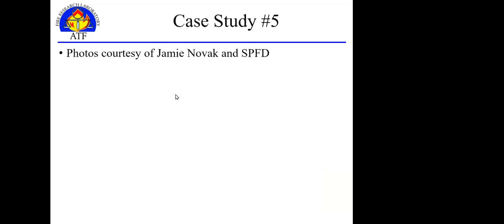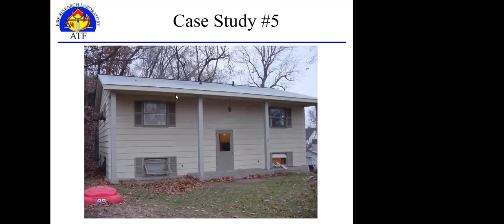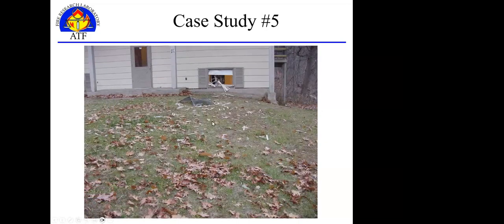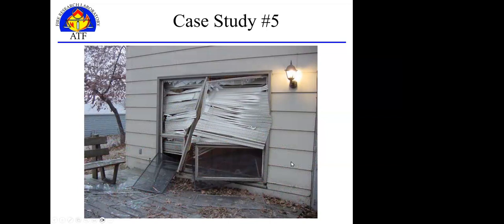And then the last case study, if you look closely, a lot of low order damage, maybe not a lot, but all of these lower level windows are blown out on both these sides here that you can see. You've got the blinds and the window material blown out the window here. Here's two windows on the back side of the structure that were blown out.